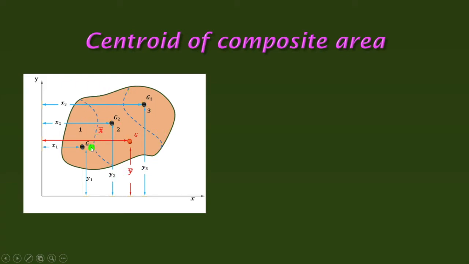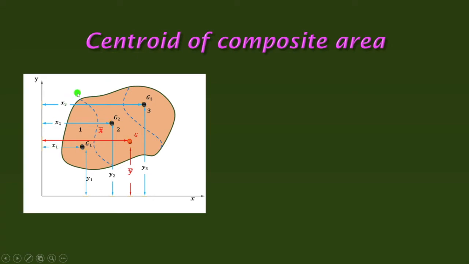Let us consider here G1 is the position of the centroid of section 1, and the coordinates of this point G1 are x1 and y1, which are known to us. The position of the centroid of section 2 is x2 and y2, and similarly for section 3.